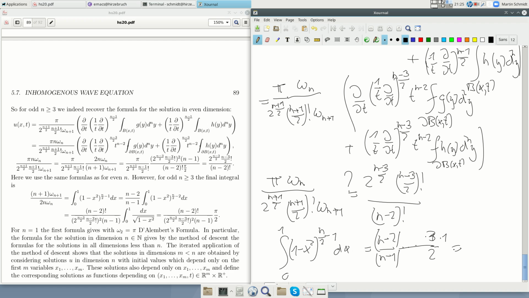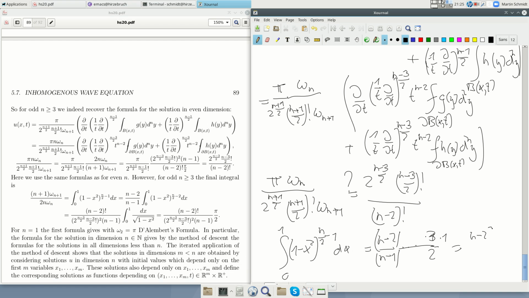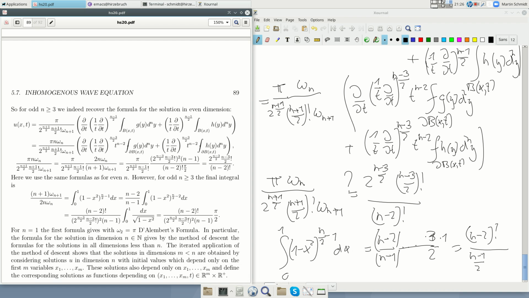So what we get this time is an n minus 2 faculty, and then we have an n minus 1 half.